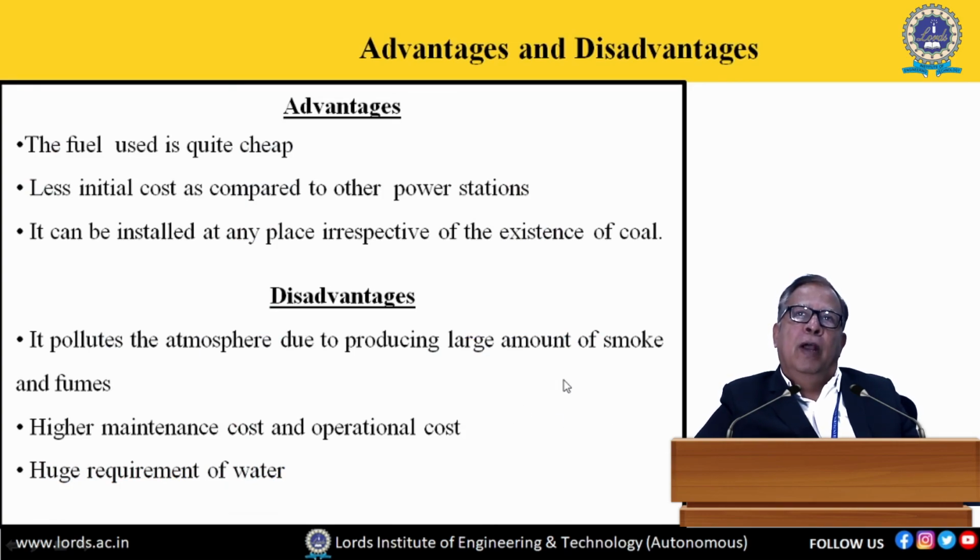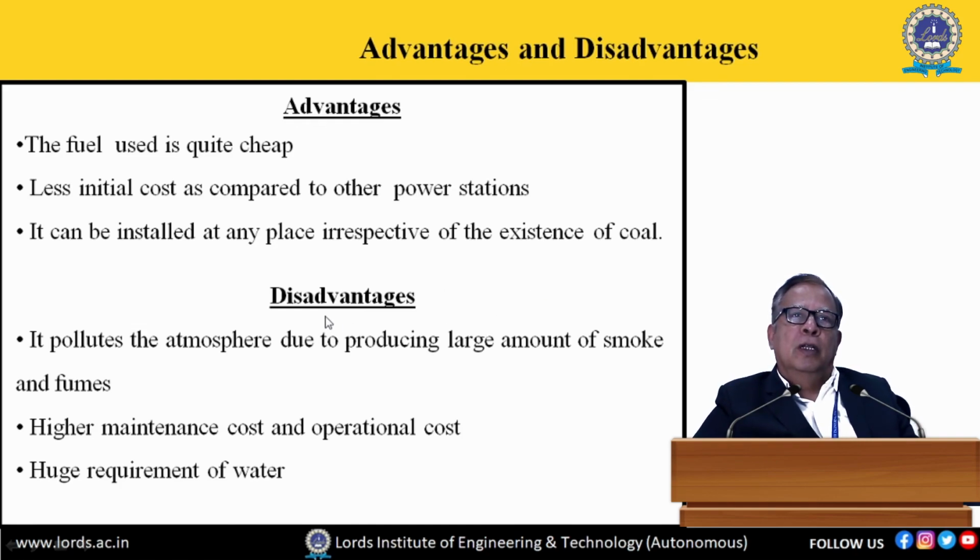Then what are the advantages and disadvantages of the power plant? See here, the fuel used is quite cheap, and then there is less initial cost as compared to other power plants, and it can be installed at any place irrespective of the existence of coal, because coal can be supplied by rail or by any other means of transport.